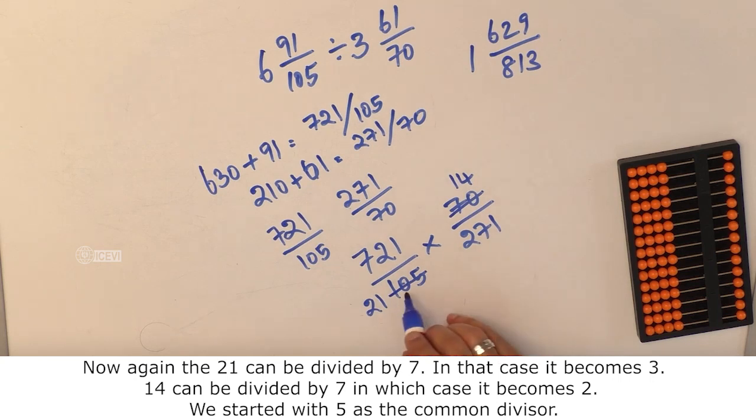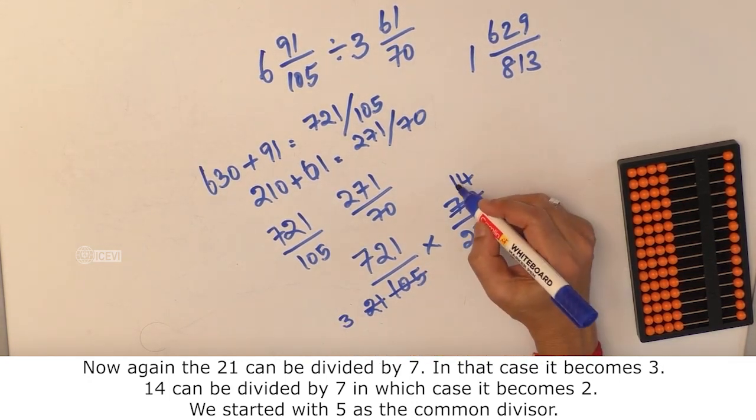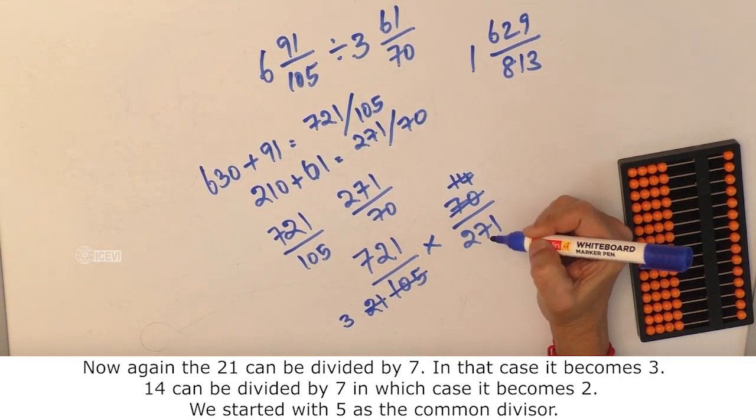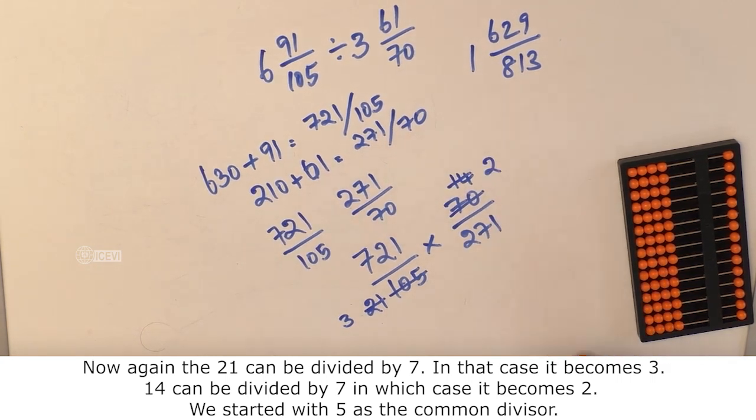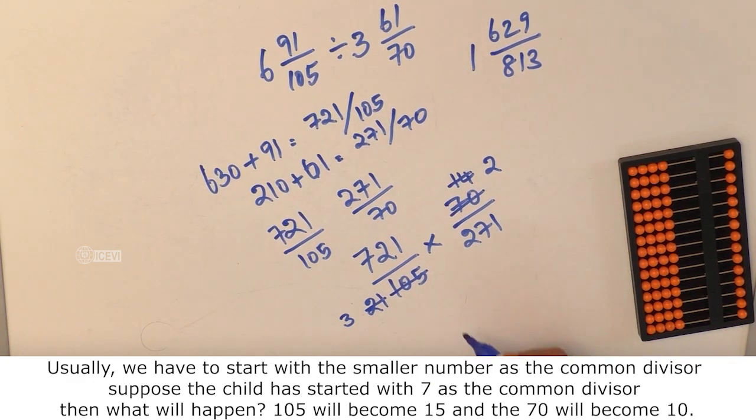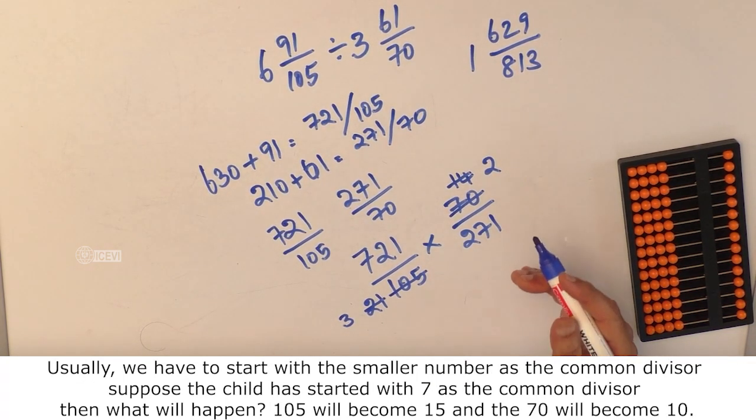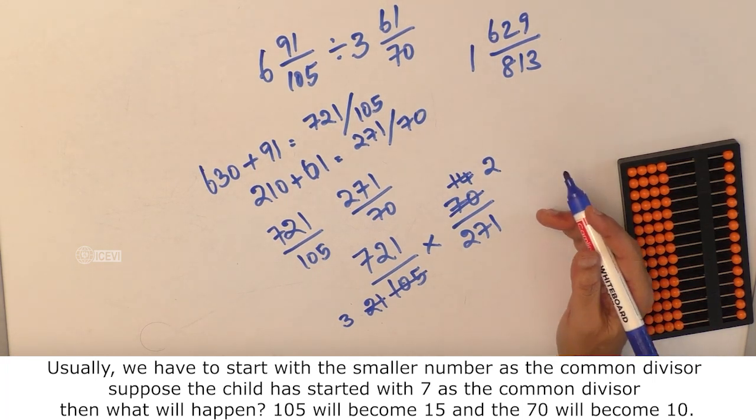Now again the 21 can be divided by 7, so it becomes 3. 14 can be divided by 7, in which case it becomes 2. We started with 5 as the common divisor. Usually we have to start with a smaller number as the common divisor.